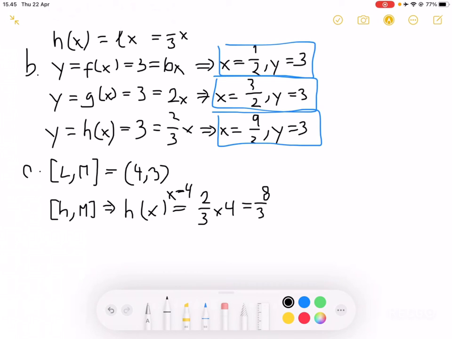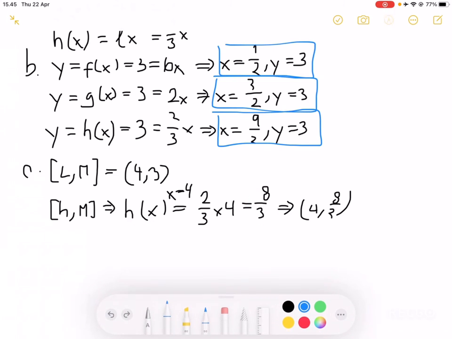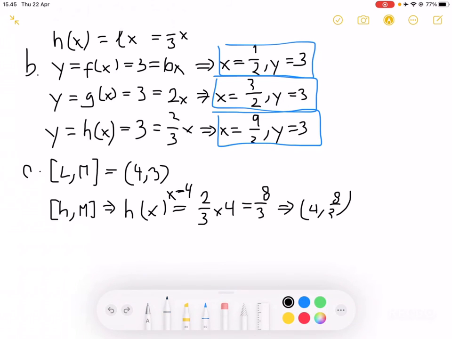And therefore, the coordinates of intersection will be 4, 8 over 3. Notice that this result is the y value produced by h of x. Next, we have g comma m, and then later on f comma m.